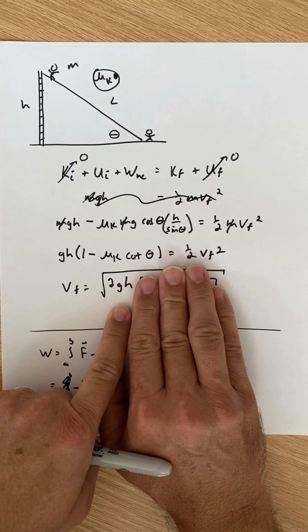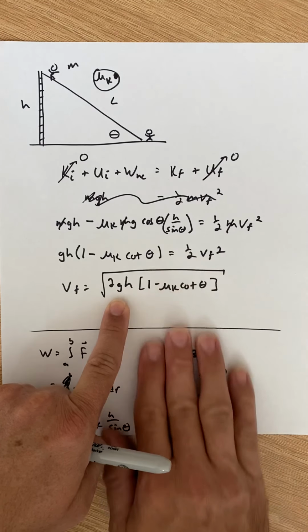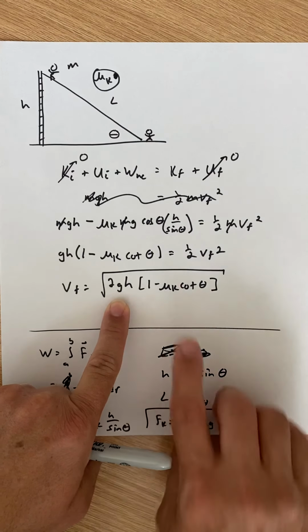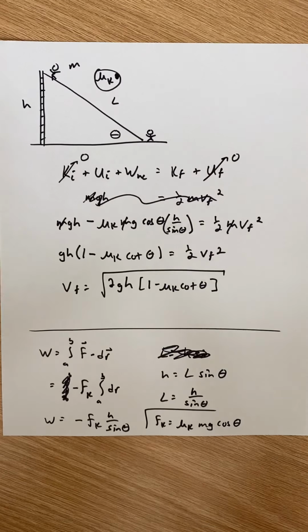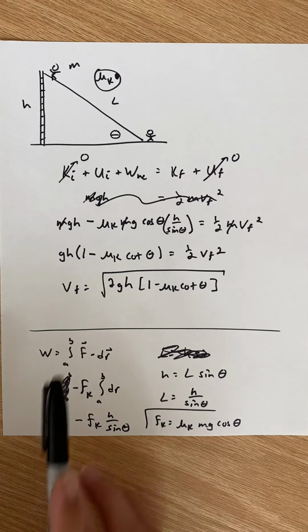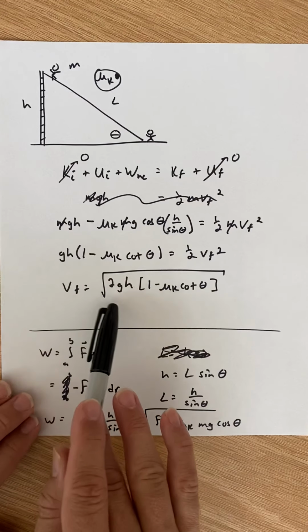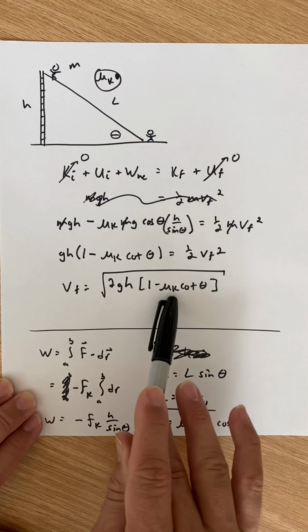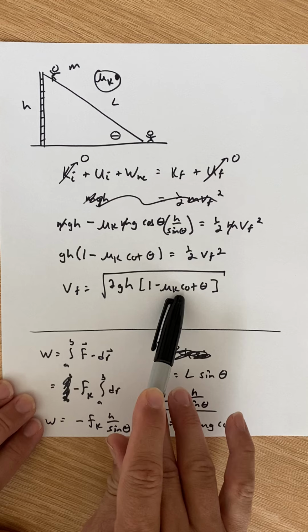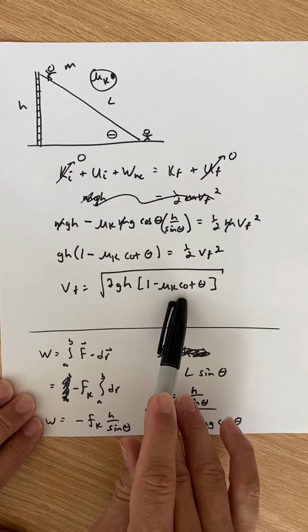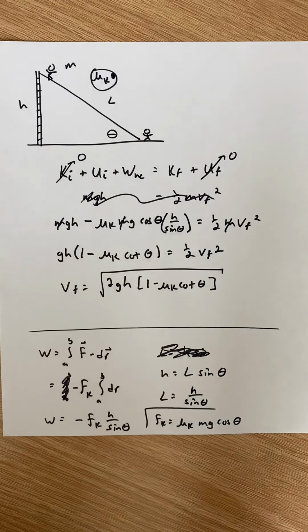Well, this is my final speed previously, and now that is reduced by this amount. So that matches up exactly with what I would expect. I get the final speed is root 2gh times this friction term, and the friction is what's taking energy out of the system. So this makes perfect sense to me. I feel pretty good about this result.